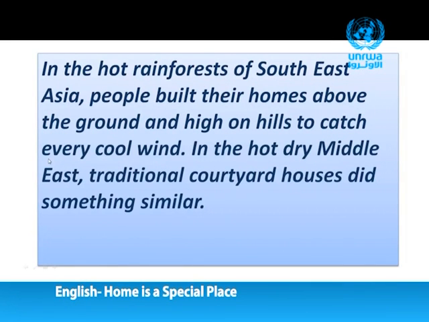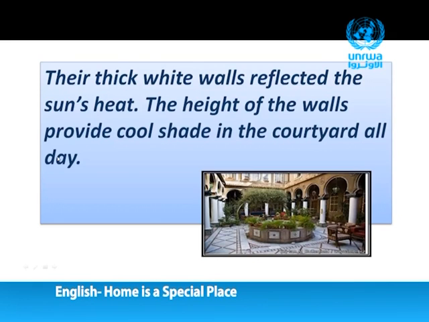In the hot rainforests of Southeast Asia, people built their homes above the ground and high on hills to catch every cool wind. In the hot, dry Middle East, traditional courtyard houses did something similar. Their thick white walls reflected the sun's heat. The height of the walls provide cool shade in the courtyard all day.